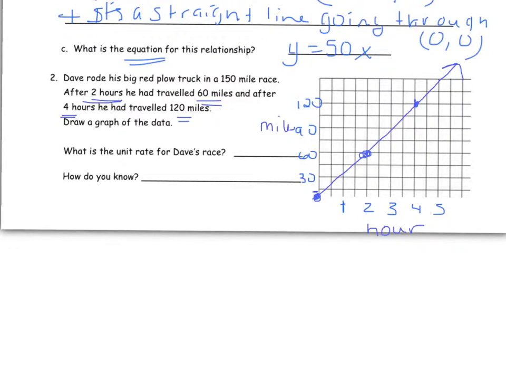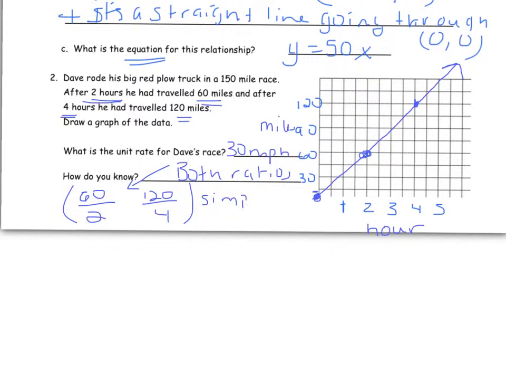So the unit rate: he went 60 miles in 2 hours and 120 in 4 hours. Both simplify to 30 miles per hour. So how do you know? Both ratios, and here they are, simplified.